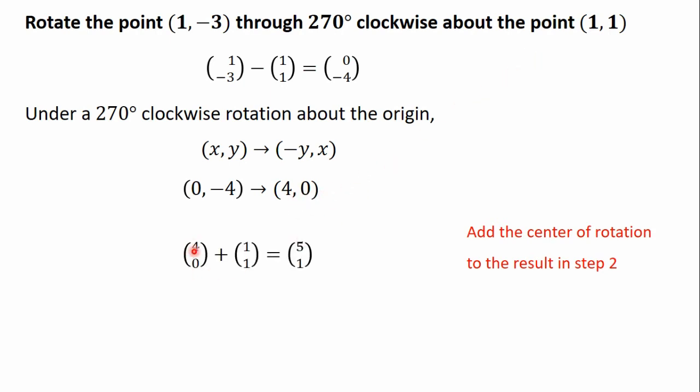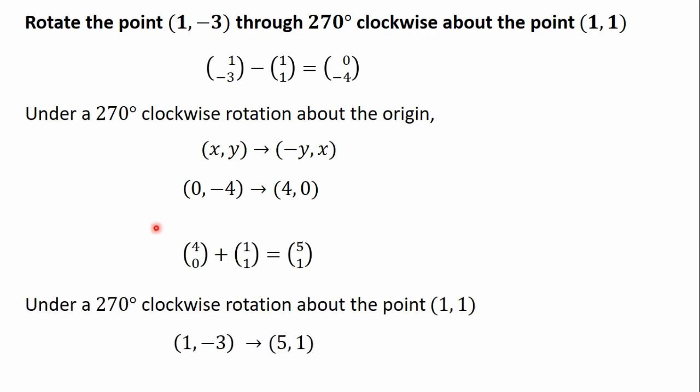So I will express (4, 0) in vector form, then I will express (1, 1) in vector form. (4, 0) plus (1, 1). 4 plus 1 will give us 5. 0 plus 1 will give us 1. So this means that when we rotate the point (1, -3) through 270 degrees clockwise about the point (1, 1), the image of (1, -3) will be (5, 1).